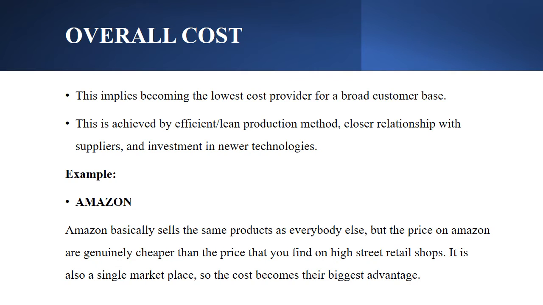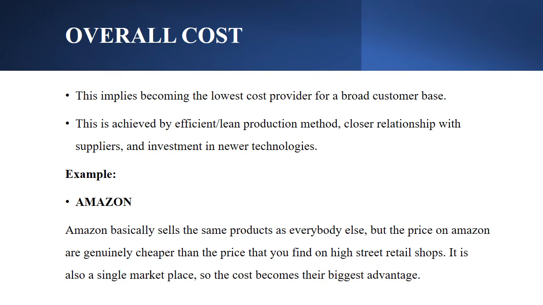Overall cost implies becoming the lowest cost provider for a broad customer base. This is achieved by efficient or lean production methods, closer relationship with suppliers, and investment in new technologies.